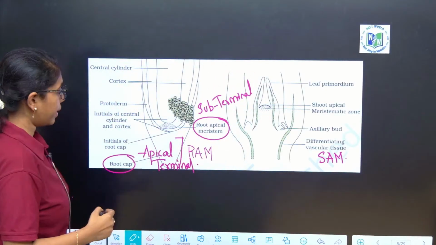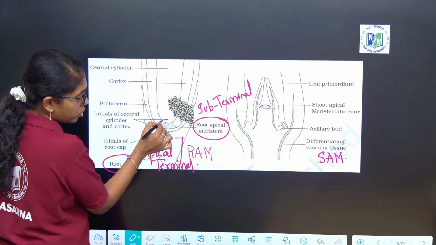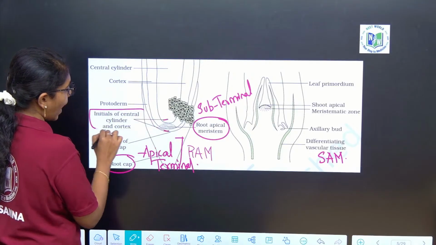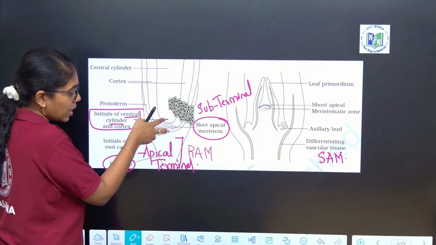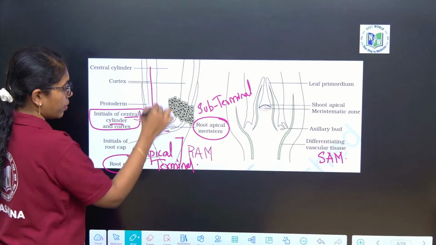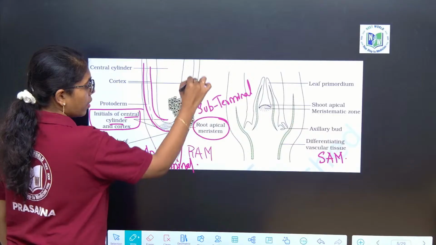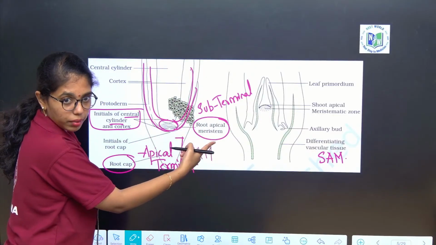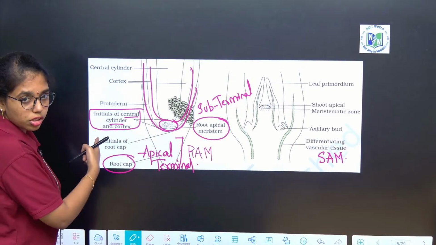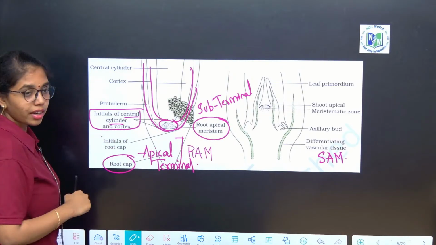And close to the root apical meristem, you have initials of central cylinder and cortex. The cells in close proximity to the root apical meristem have initials of central cylinder and cortex, and the cortex will be developed from this.